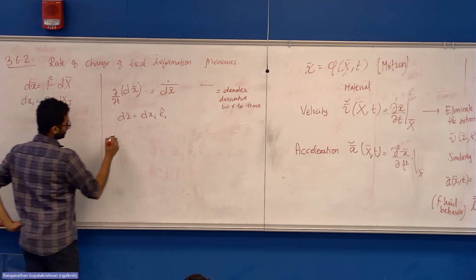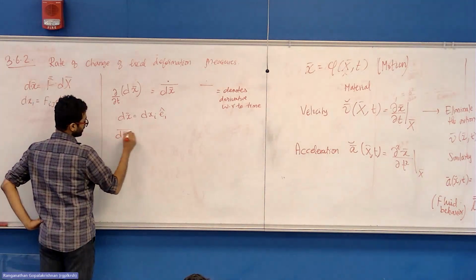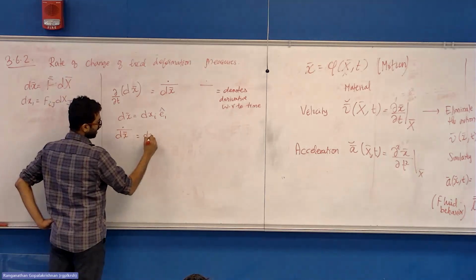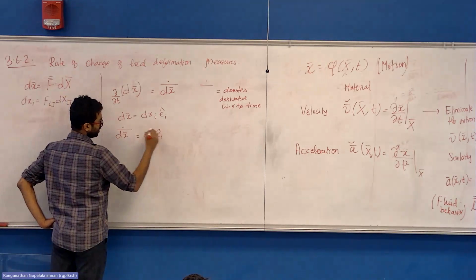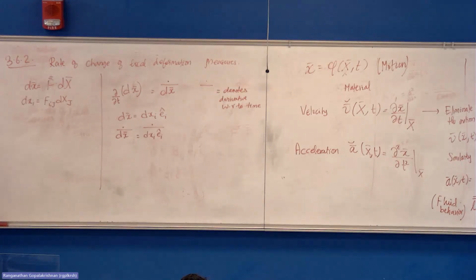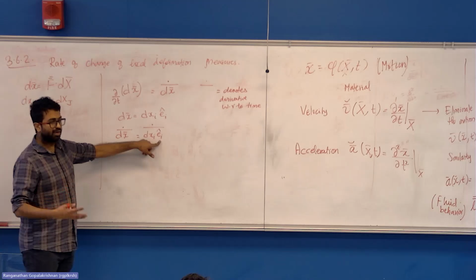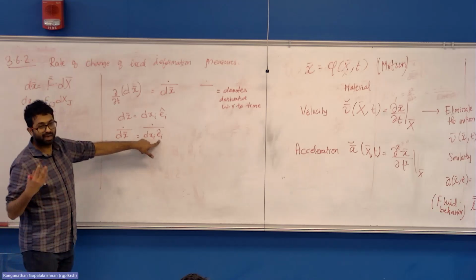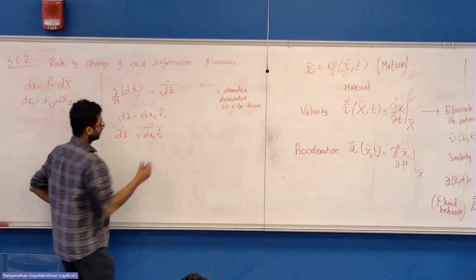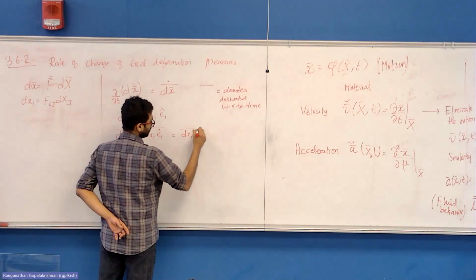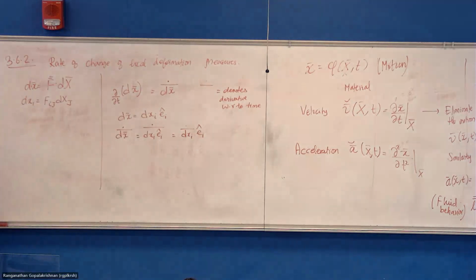So if we are interested in the rate of change with respect to time of this vector, that is like writing the time derivative of dx_i e_i, and from the beginning we have been saying that these basis vectors are non-rotating, they are not changing in time, so they don't have any time dependence by themselves. So we can say this is the time derivative of dx_i times e_i.